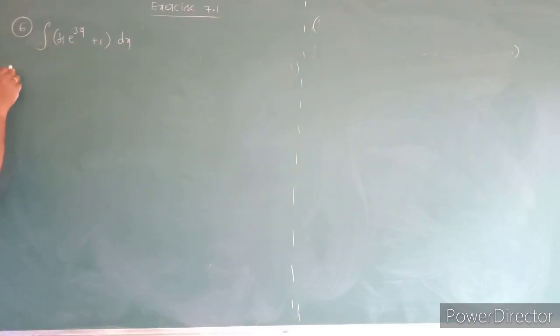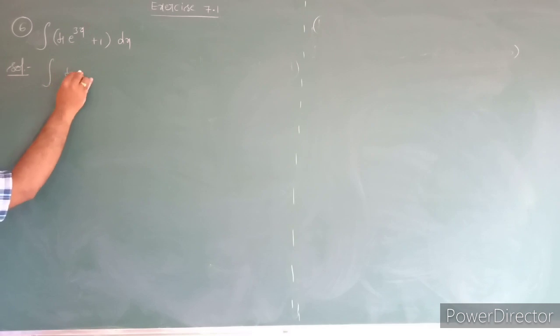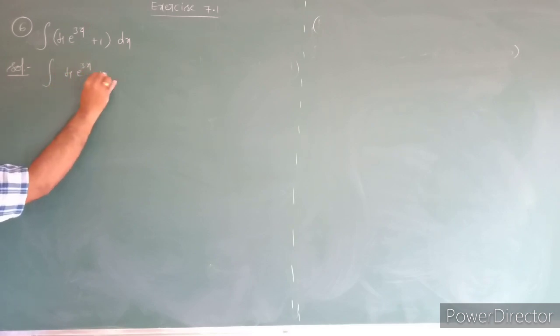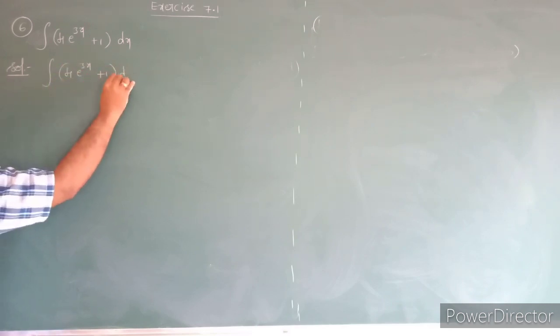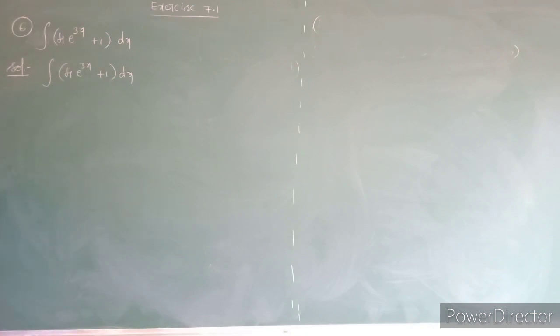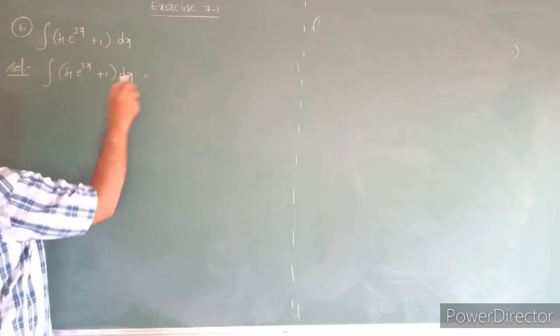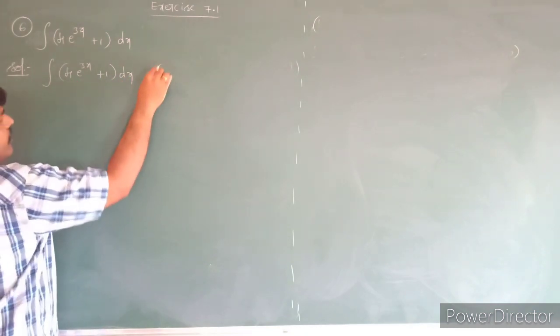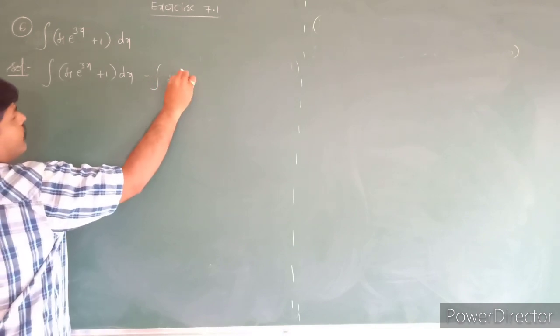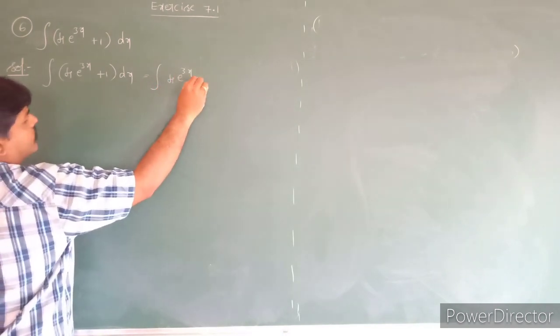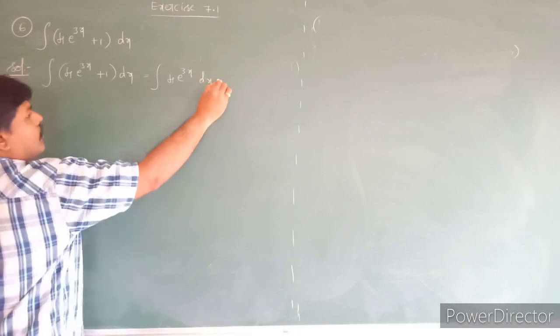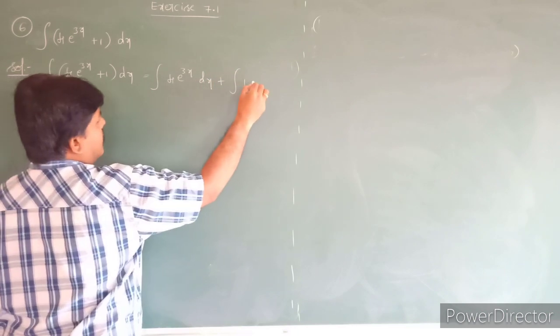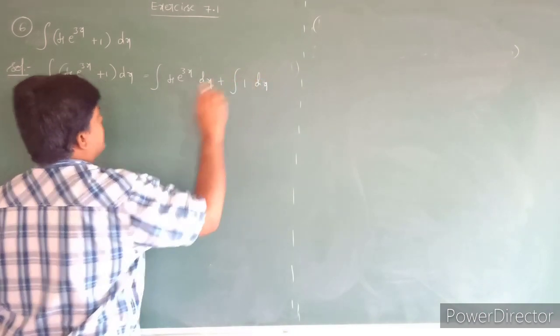What we will start with: integral of 4 into e power 3x plus 1 into dx. How can you write that? Apply the integral first: integral of 4 into e power 3x into dx plus integral of 1 into dx.